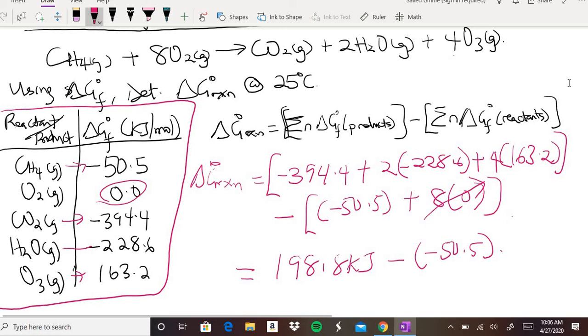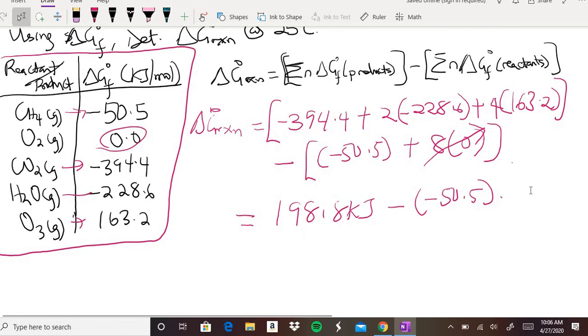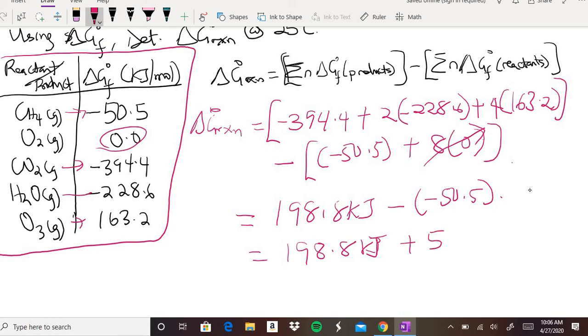So when we plug everything together, this is going to give us 198.8 kilojoules plus 50.5 kilojoules, and this is going to give us 148.3.